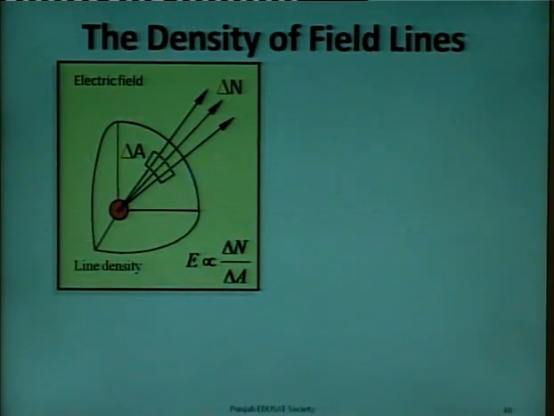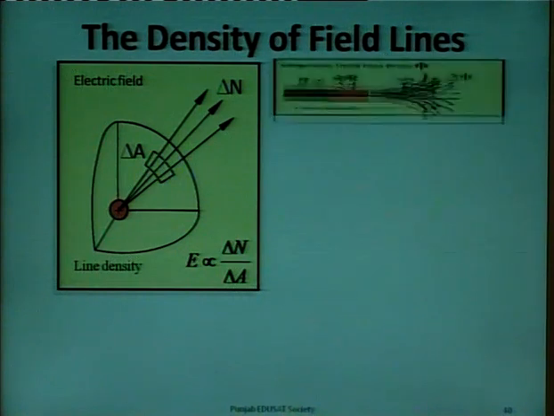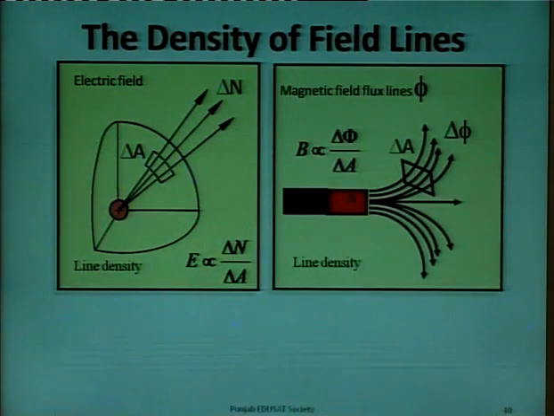Then the density of the field lines: for the electric field, line density is proportional to the change in n and change in area. Then for the magnetic flux lines phi, B is proportional to change in flux and change in area.